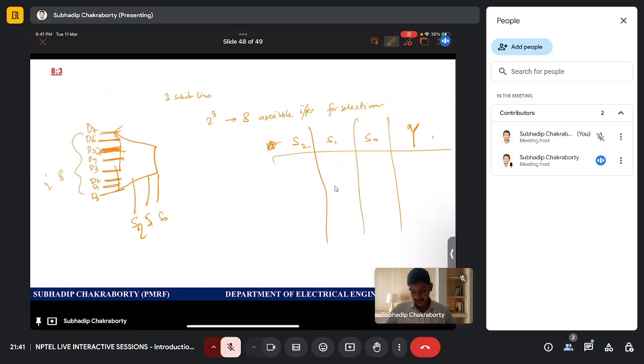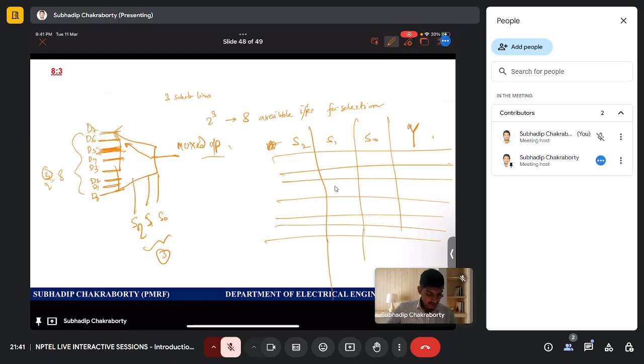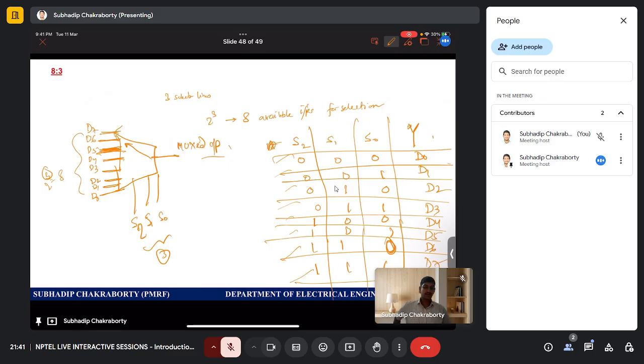So these are 8, which is 2 to the power 3, and there are 3 selector lines. You have individual states for that: 0 0 0, 0 0 1, 0 1 0, 0 1 1, 1 0 0, 1 0 1, 1 1 0, and 1 1 1, selecting D0 through D7, the 8 possible outputs based on the selection inputs.